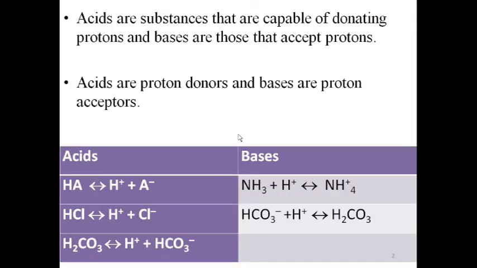What are acids? Acids are the substances that are capable of donating protons, or they can easily dissociate and produce protons. Bases are those substances that easily and quickly accept protons.